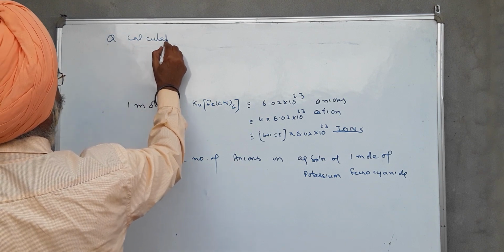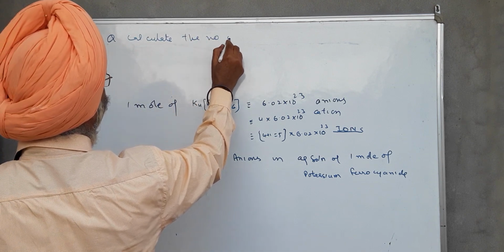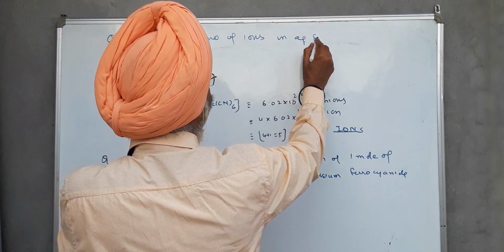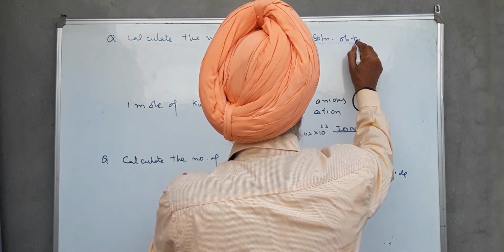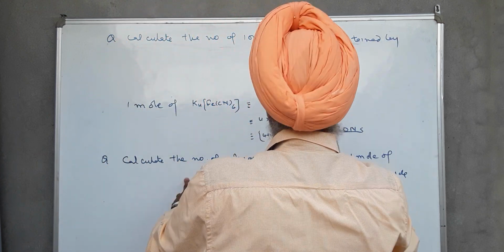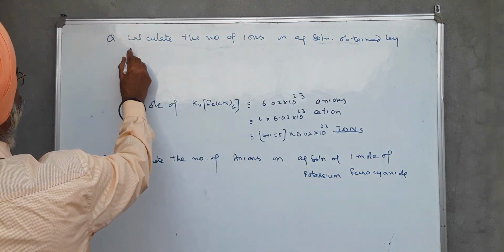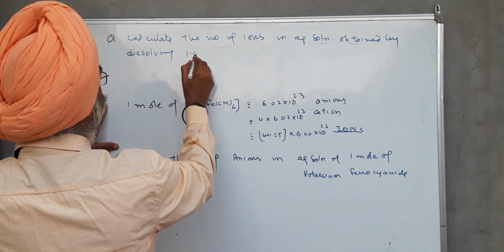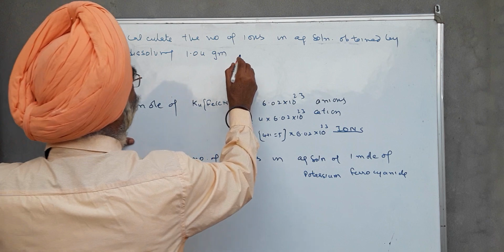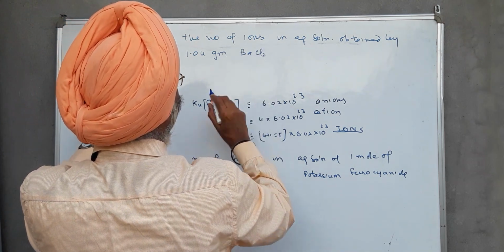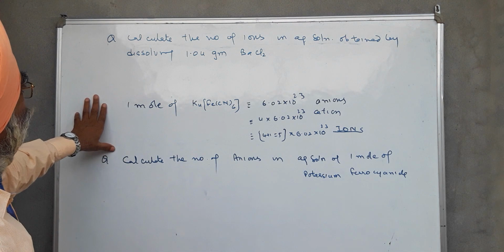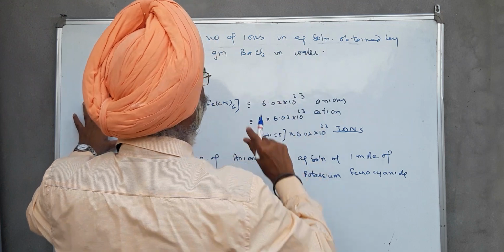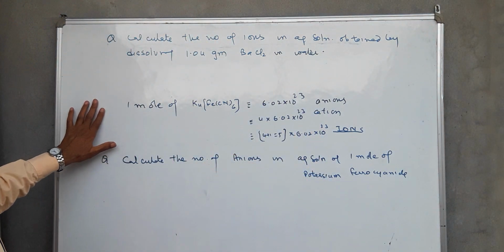Calculate the number of ions in aqueous solution obtained by dissolving 1.04 grams of barium chloride in water, or in excess of water.